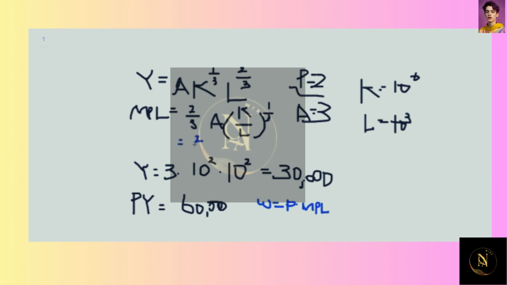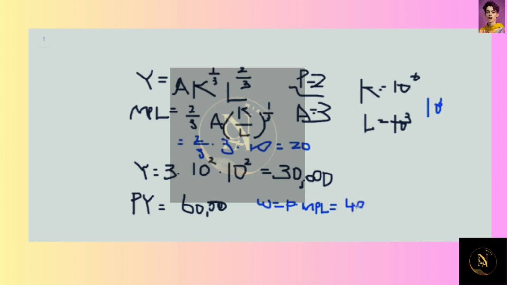So 2/3 times A, which is 3, times K divided by L, which is 10 to the power of 3, to the power of 1/3, which is just 10. So we know that in this question, the MPL is 20. So since we have MPL, we can calculate wage, which is P, 2, times 20, which is 40. So the wage is 40.